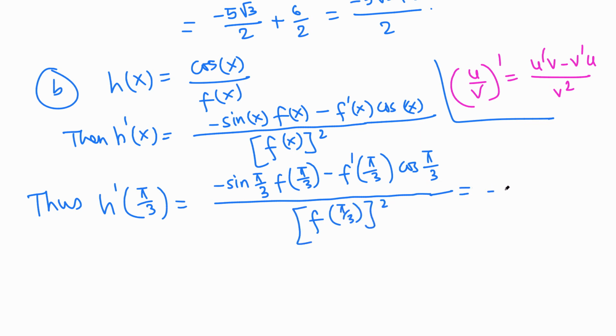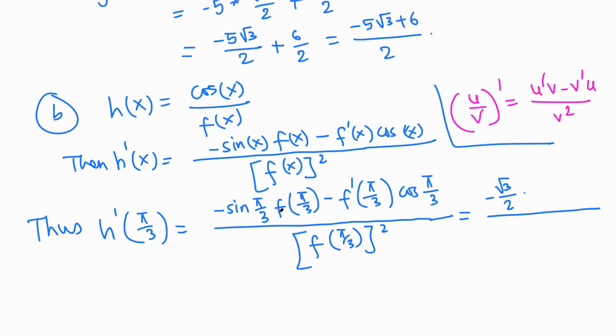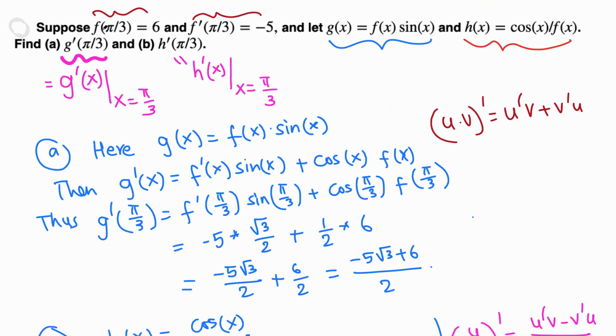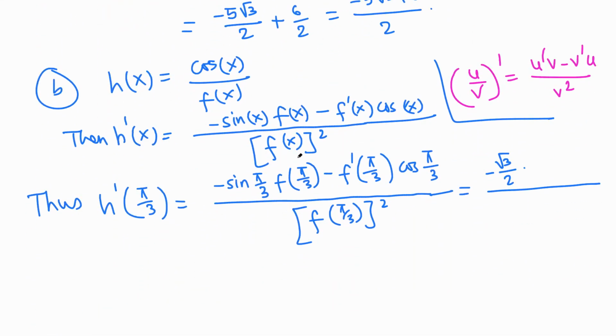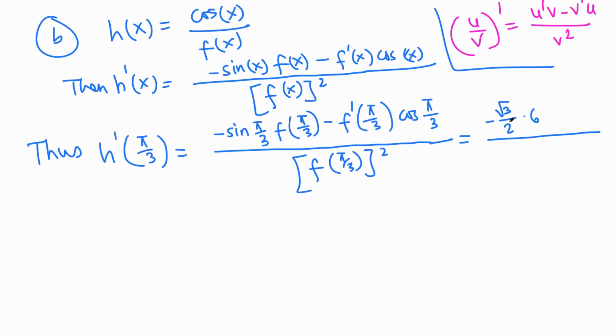Let's plug in the numbers. Negative sine pi over 3, sine 60 degrees, is root 3 over 2, times f at pi over 3, which is given as 6.